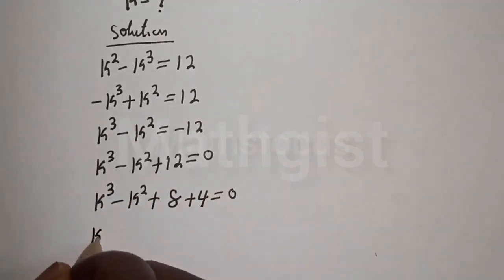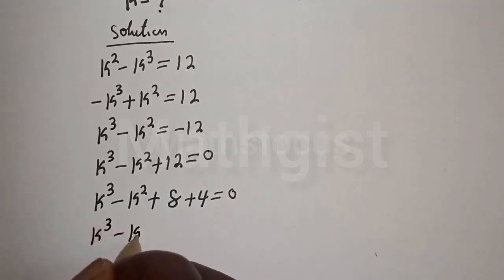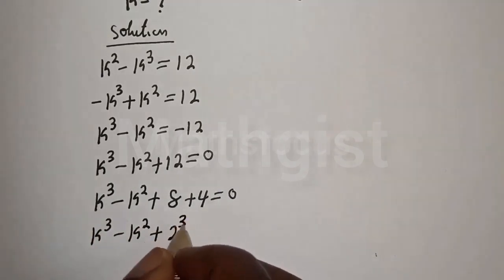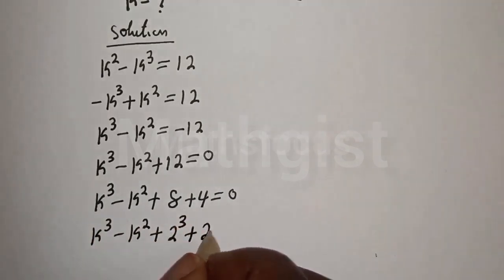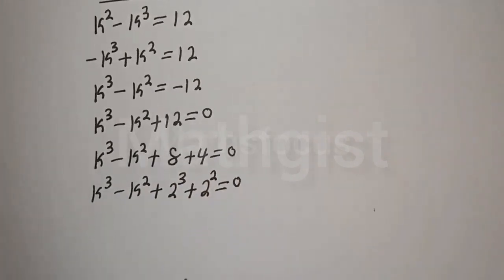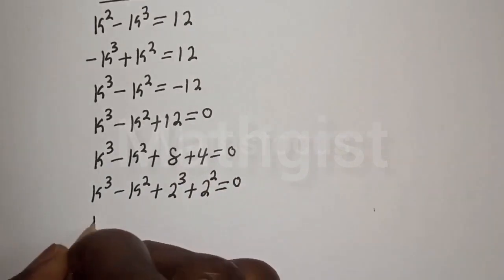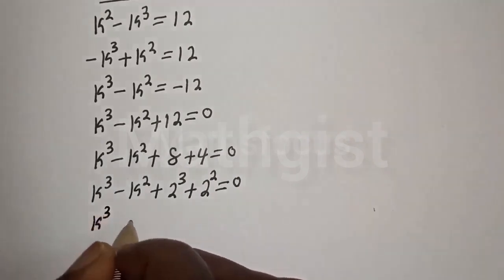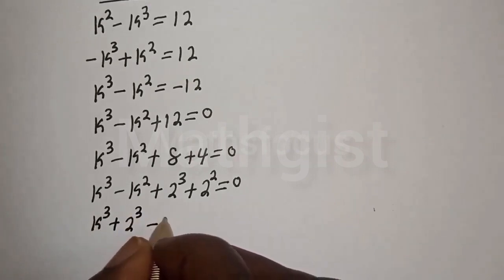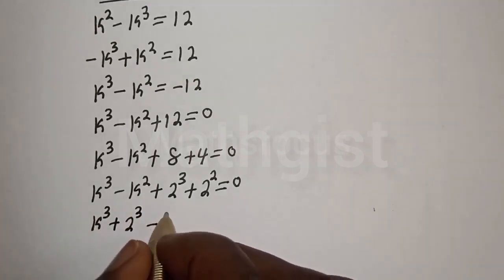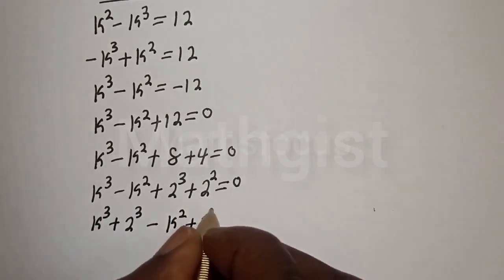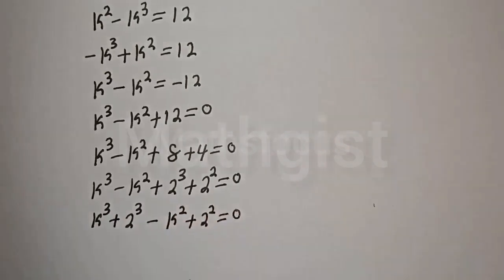Then k raised to power 3 minus k squared plus 8 plus 4 can be written as k raised to power 3 plus 2 raised to power 3 minus k squared plus 2 squared is equal to 0.